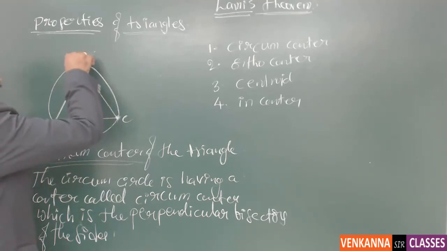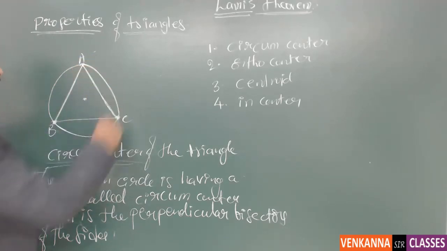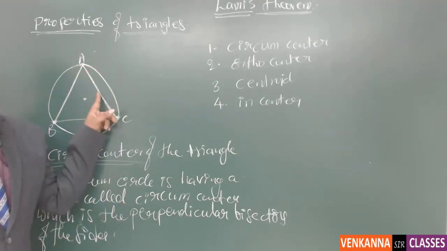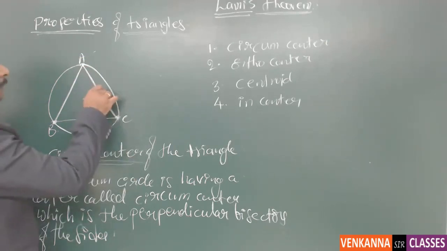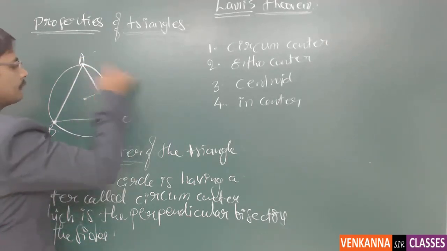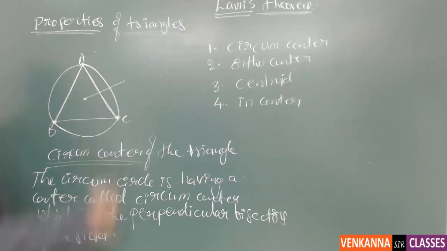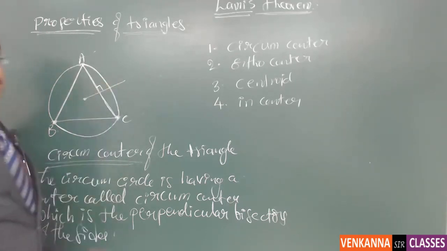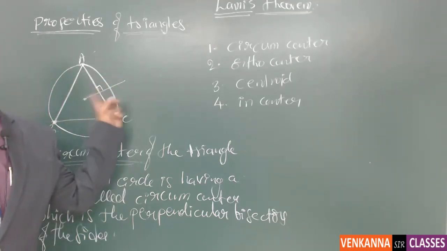That means for this particular side, identify the midpoint and then draw a perpendicular at the midpoint. This is how you need to draw. Here this is at the middle, and at the same time this line is at 90 degrees.